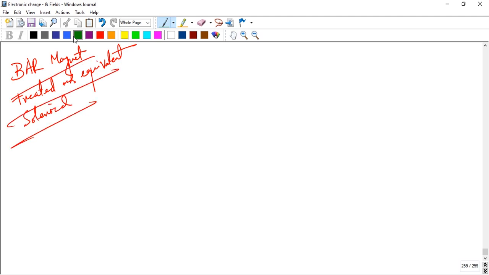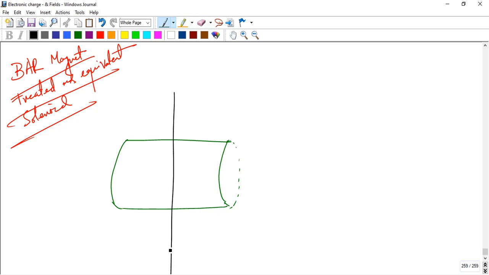Suppose there is a coil conductor here. The line is not perfectly oriented here. This is the back side, and this is the front.